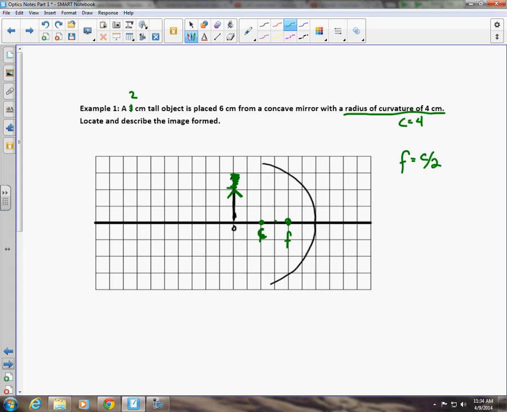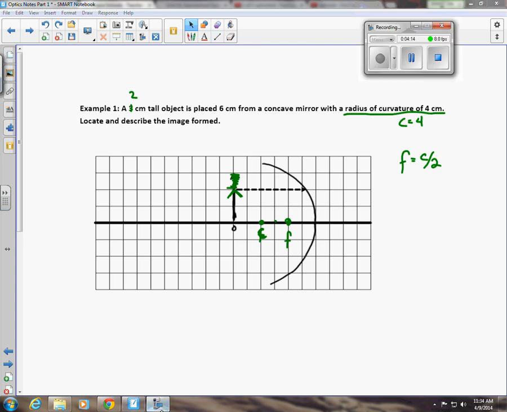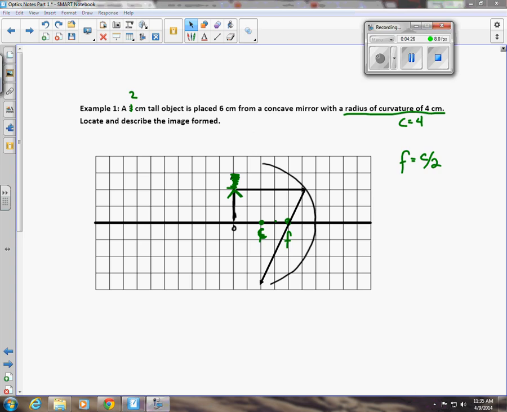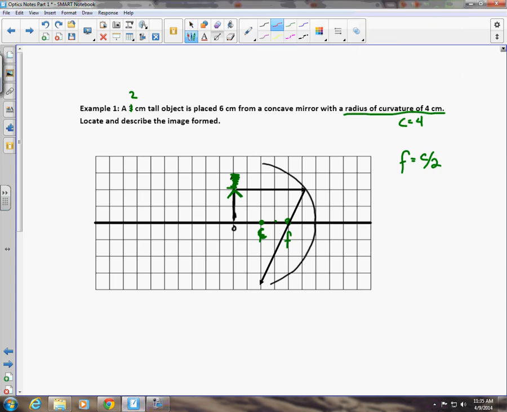Now, I draw in the same rays that I drew for lenses. The ray that goes parallel is going to hit the mirror and then it is going to bounce down through the focus. So parallel goes through the focus. The second ray we drew always went straight through the center.